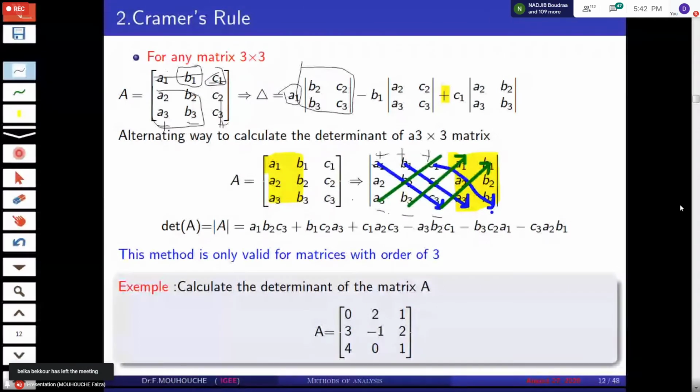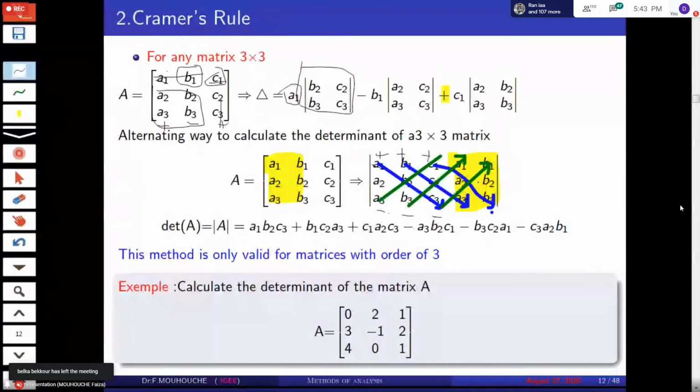And we calculate the determinant as equal to: first row I1, B2, C3, plus B1, C2, I3, plus C1, I2, B3, and minus I3, B2, C1, minus B3, C2, I1, minus C3, I2, B1.